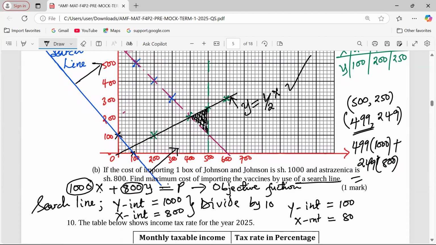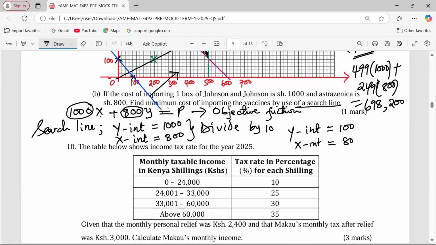So I'm supposed now to compute this, whereby 499 multiplies 1,000, then I add 249 multiply 800. That is going to give us 698,200. This is now the maximum cost of importation. Yeah, that way.